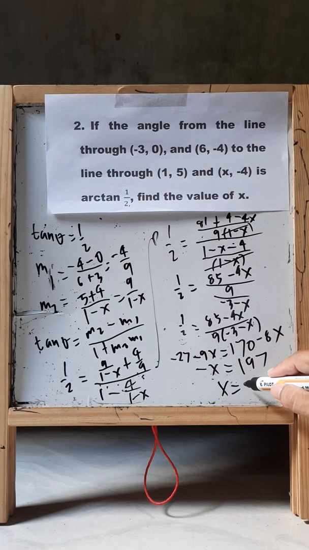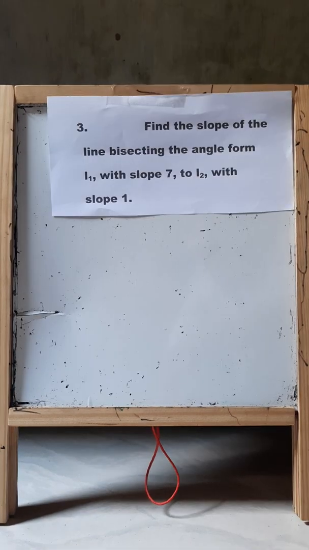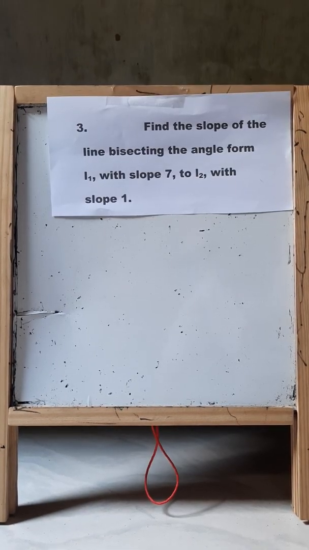Divide both sides by negative 1. Therefore, x is equal to negative 197. So that is now the value of x for problem number 2. Okay? Let's proceed now to number 3 problem.